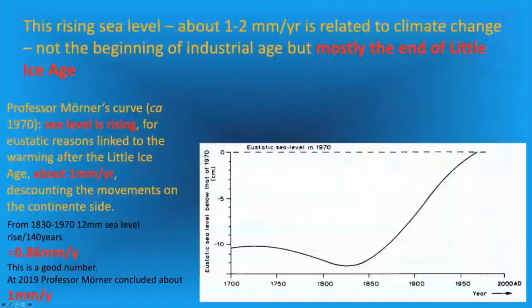And so I remember our Professor Morner's curve of sea level at the end of the Little Ice Age. We have a lowering of sea level about 12 centimeters lower than 1970, which was the year when he made his thesis. So you have this curve.